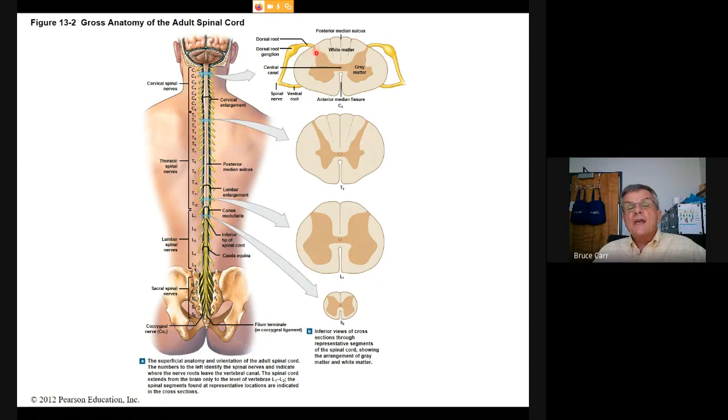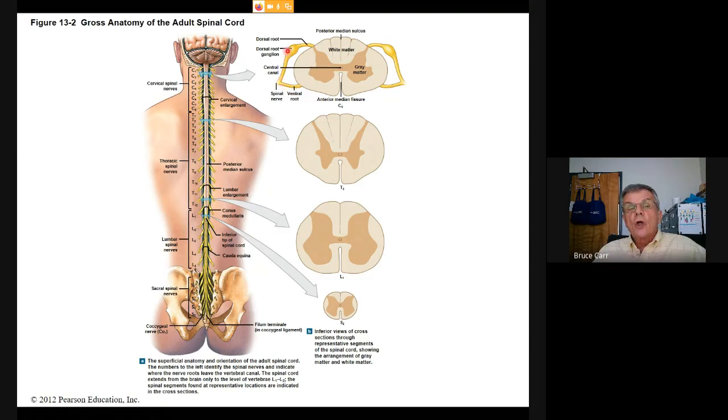That's where the sensory messages are coming in. In this gray matter on the right side, you will see synapses that distribute those sensory inputs and send them on to all levels of the body. When a motor response is generated, if it's going back out through that same junction, it's going to go out through the ventral root.